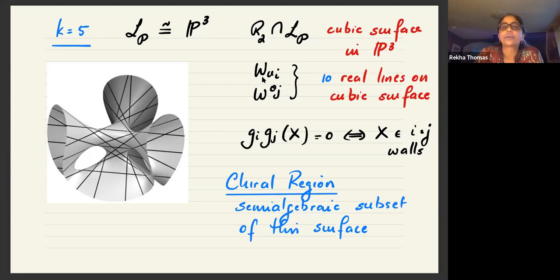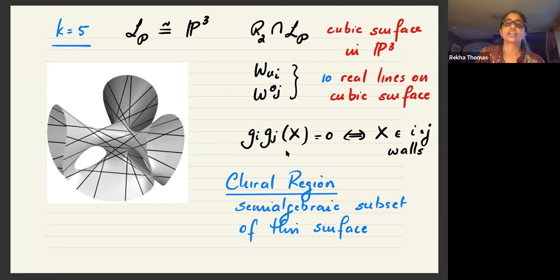The walls that we saw before, W of UI and W of VJ, these are lines on the surface. They have 1 more codimension than the epipolar variety. And because I had 5 points and 5 points on the other side, I will get 10 real lines from these walls. Okay, so this surface, we will see in the end, has 27 real lines, but 10 of these lines come from these data points that we started with. Now, a key fact for us is that these inequalities that we need to satisfy are complicated, but the real zeros lie exactly on these walls.